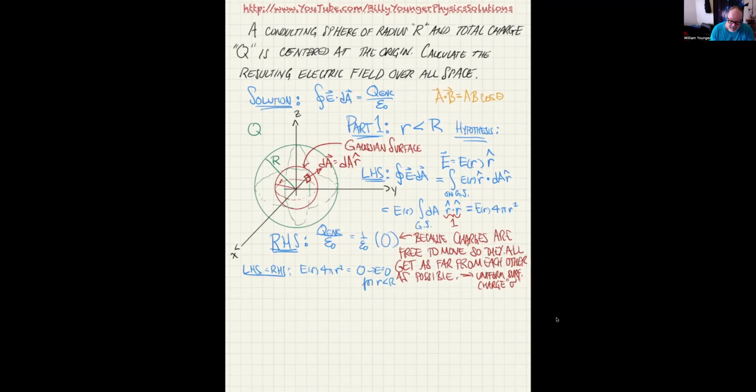Okay. So now I have to do the next part, which I'm going to call part 2. And that's for R greater than big R. Okay. So I'll draw a new Gaussian surface. And my Gaussian surface will be red again.